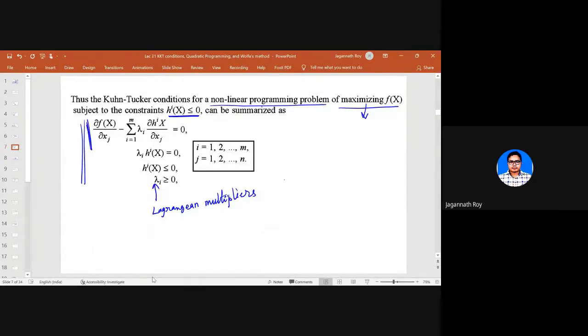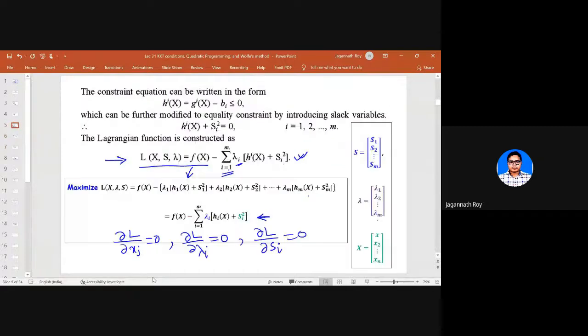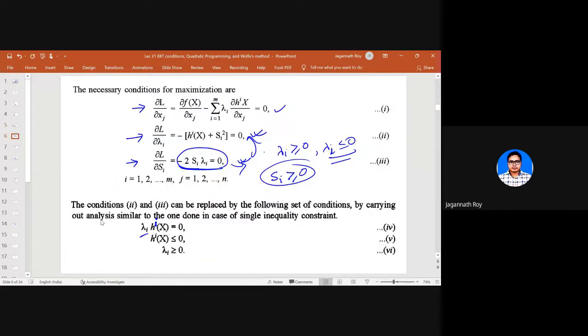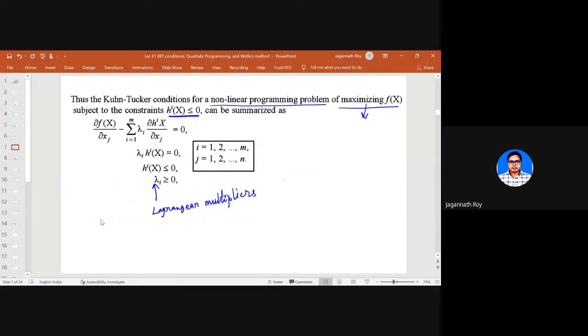Here it only depends on f, h, and lambda. It is not depending on the Lagrangian function. Although we are taking help of the Lagrangian, after finding the conditions we don't need this L anymore. Once we derive these conditions, we can directly apply them here.